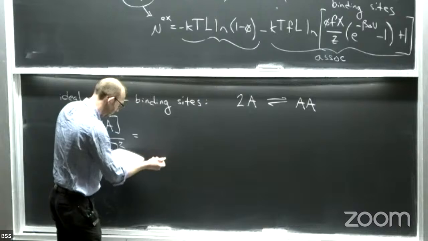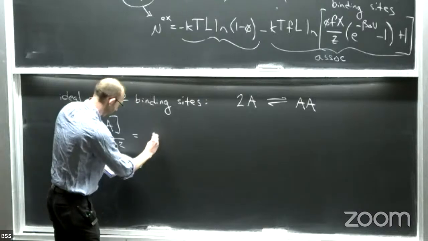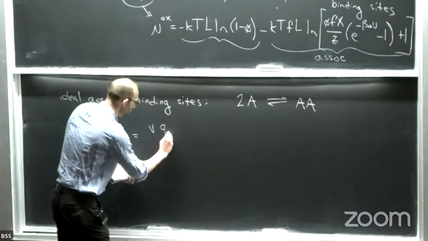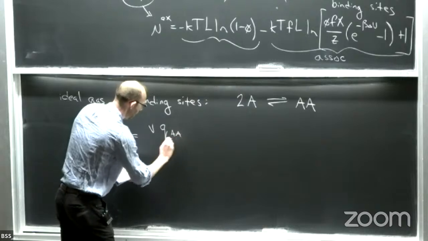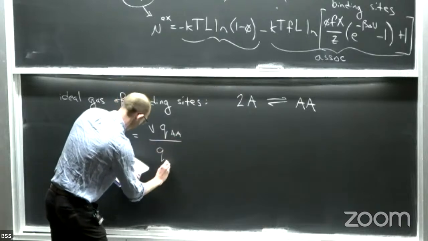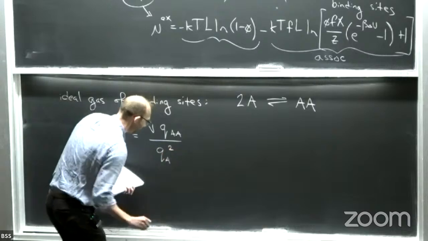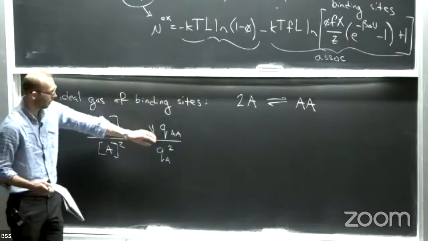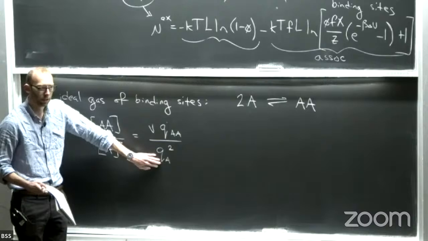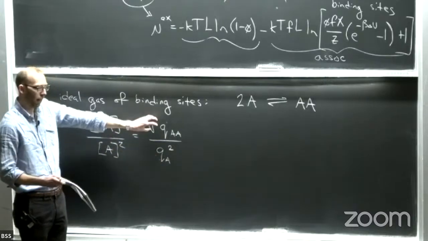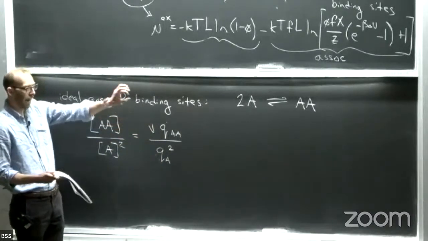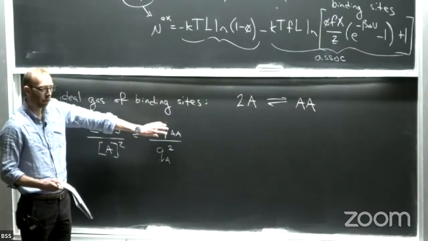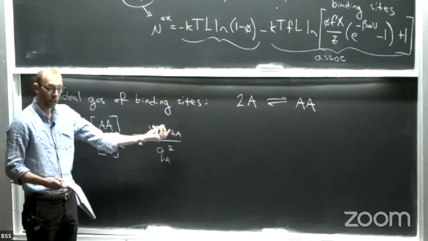And this equilibrium constant here is going to be related to the partition functions of the dimer and the monomers, right? So if you had just an independent isolated dimer, it has some partition function, it's going to have some energy, right?